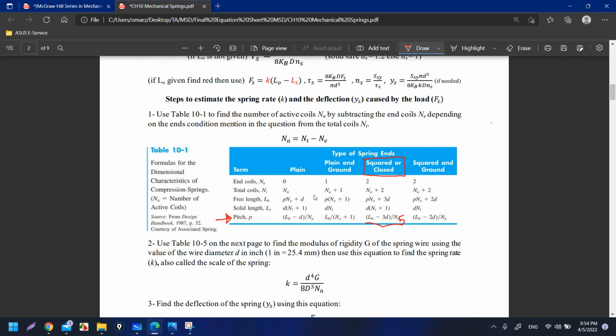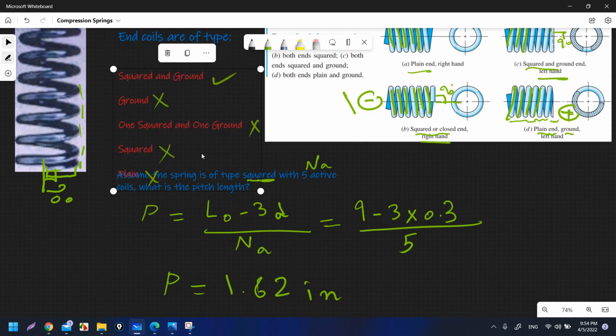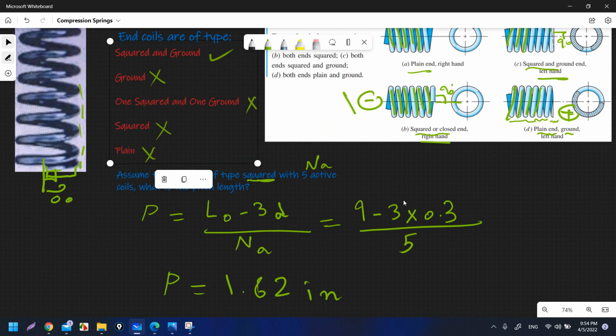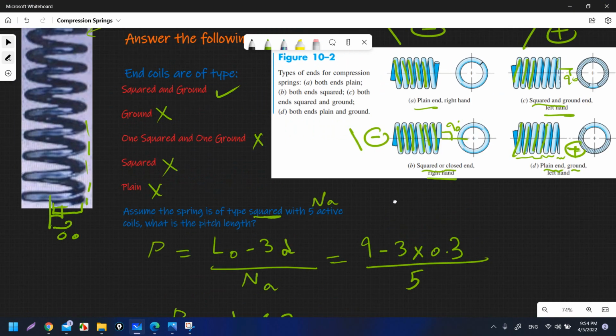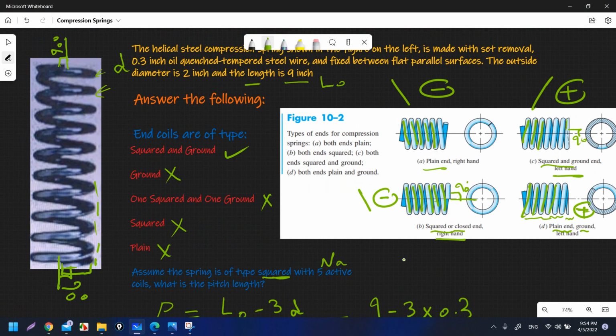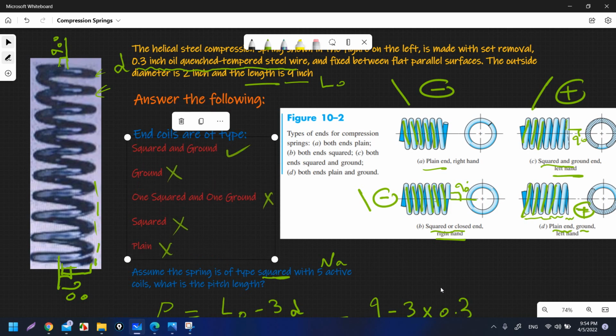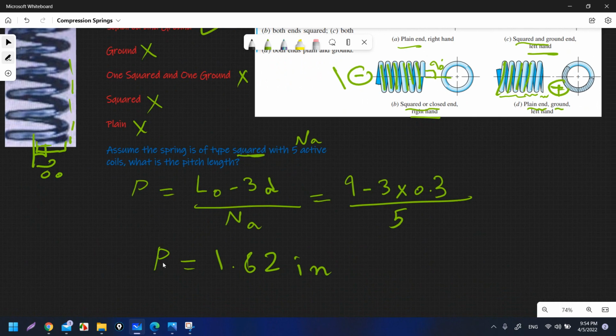NA is 5. D is given in the statement of the question, and L naught also is given. If you read the question, the length L naught is 9 inch and it is a 0.3 inch oil quench tempered steel wire. So the diameter of the wire, D, is equal to 0.3 inch. If I substitute in the equation from table 10.1, I will find that the pitch is equal to 1.62 inch.